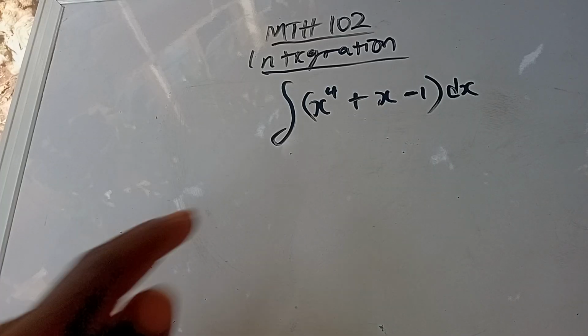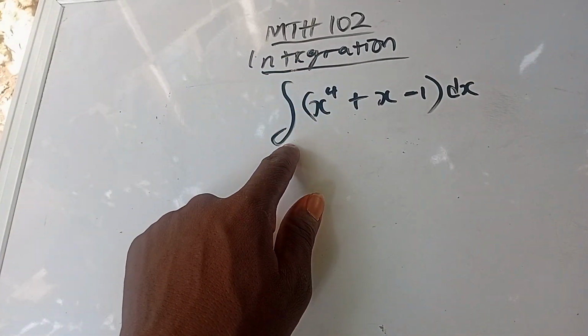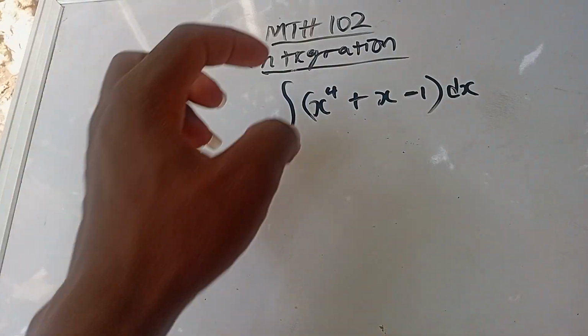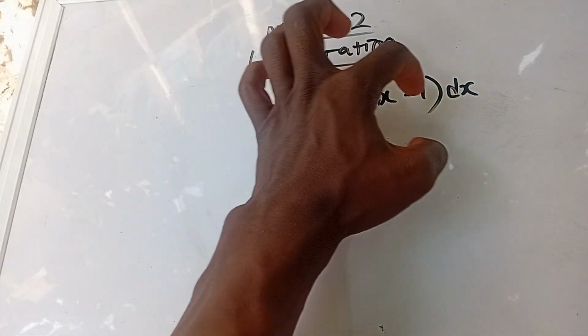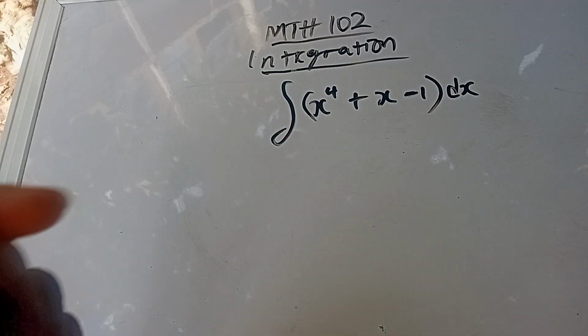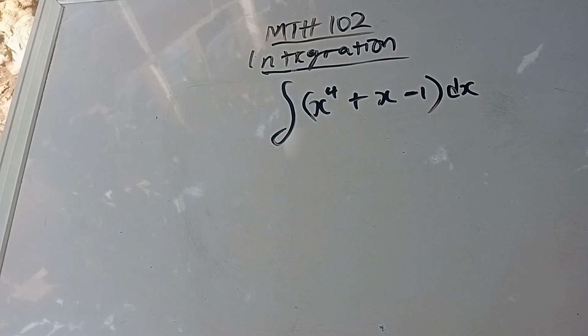What do I mean by indefinite? There is no interval. There is no limit. Assuming there is an interval, they can put 0 here and 1 here. Once you are done with your integrating, you substitute the upper limit into your answer, then you substitute your lower limit into that same answer. Then you subtract the lower from the upper.